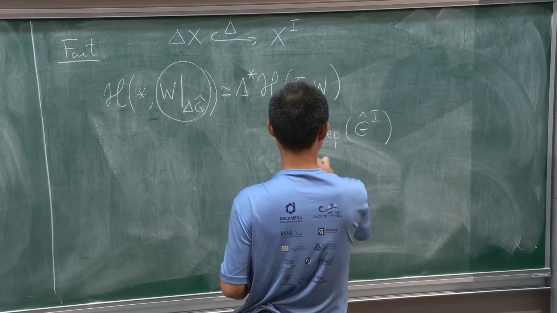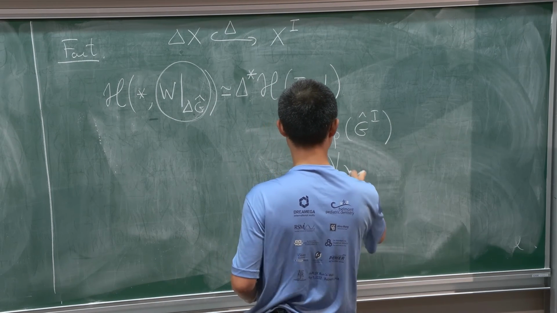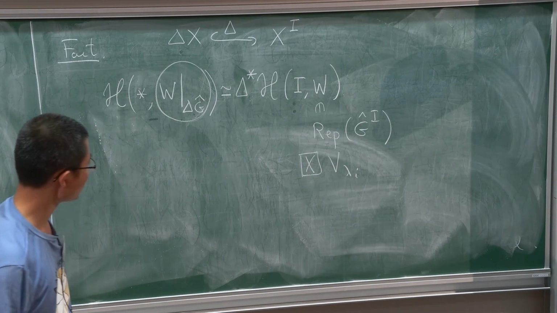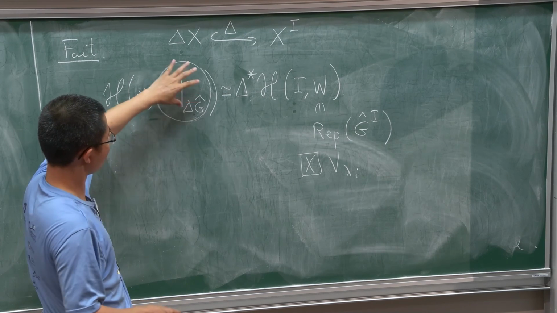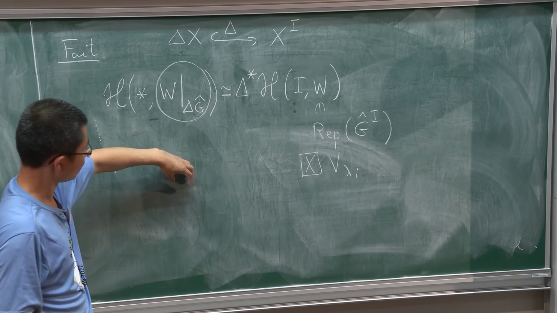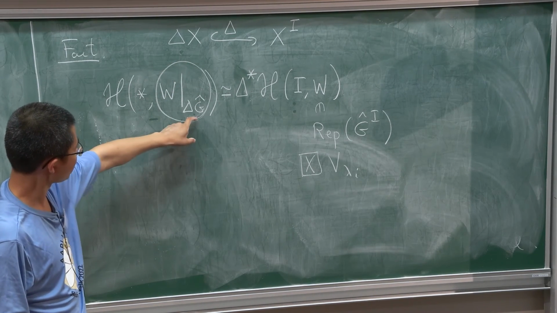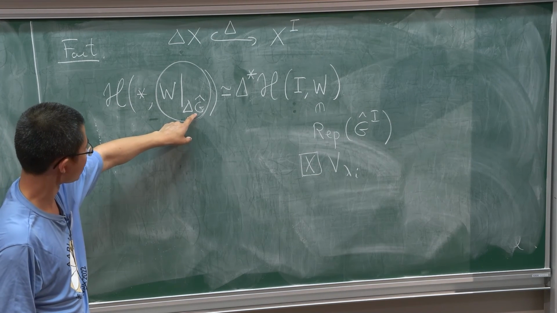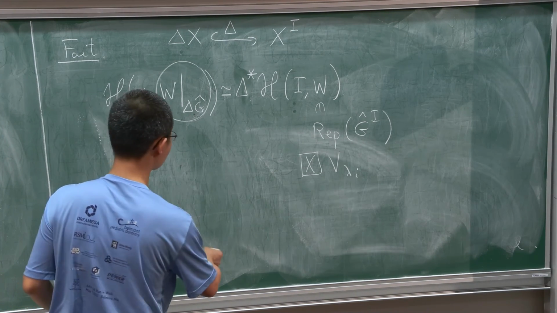If you start with just the tensor product of the lambda i's, here you will still have the same vector space, but viewed as a representation of the diagonal G hat, it will decompose in general.